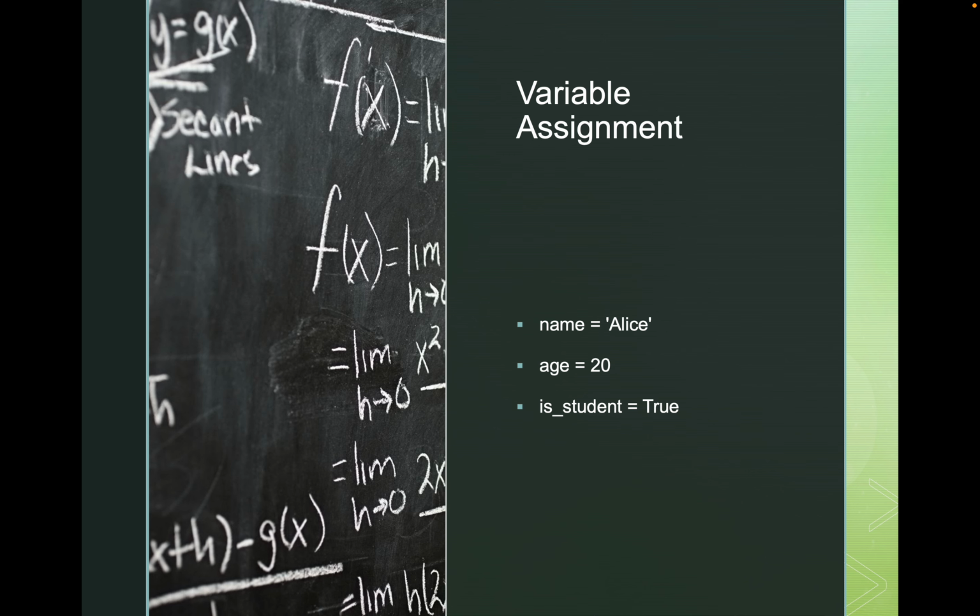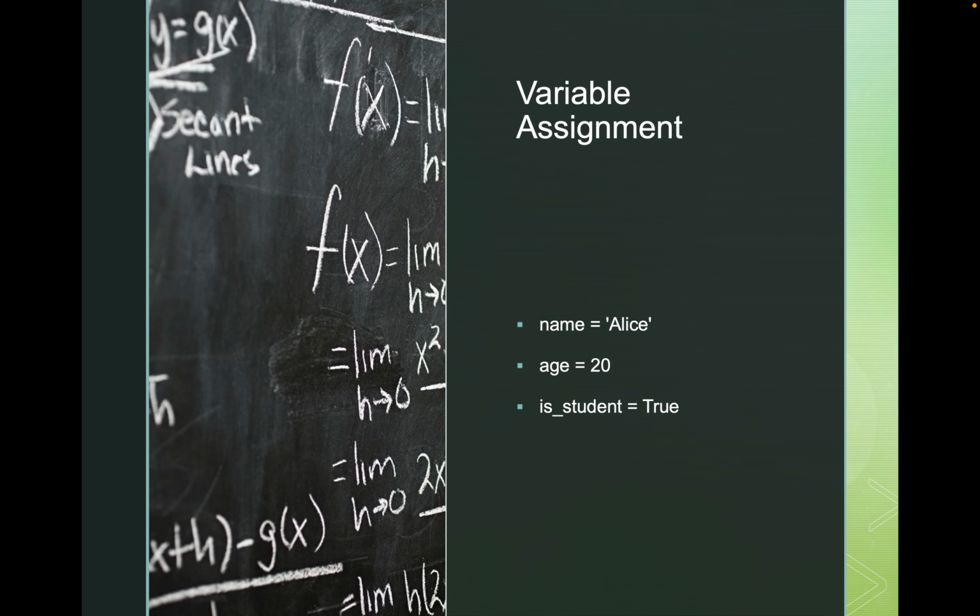If you see on my slide, there are three different variables: name equals Alice, age equals 20, and is_student equals True. People use underscores in Python to join words in a variable name, like is_student, to make the code look well formatted and readable. It just makes it easy for the reader to go through our code.